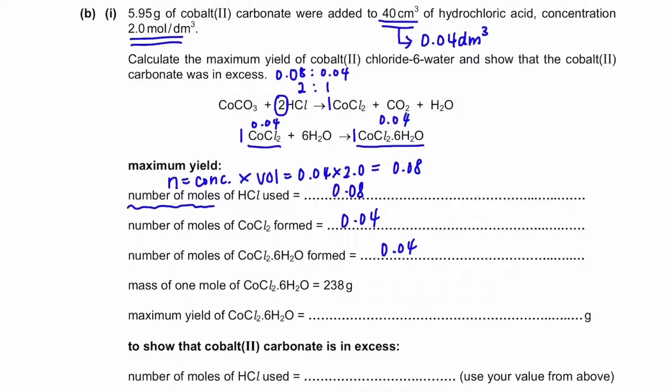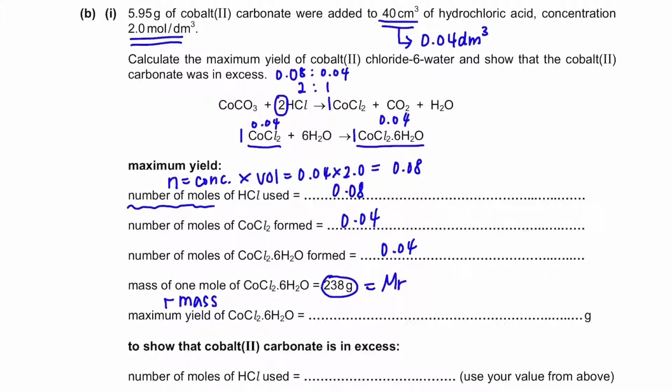Then they have given the mass of 1 mole of CoCl2 6H2O. It's 238 grams. This is the relative molecular mass of the compound. And they have asked us to find the maximum yield of CoCl2 6H2O. Maximum yield here means the maximum amount of mass that can be produced.